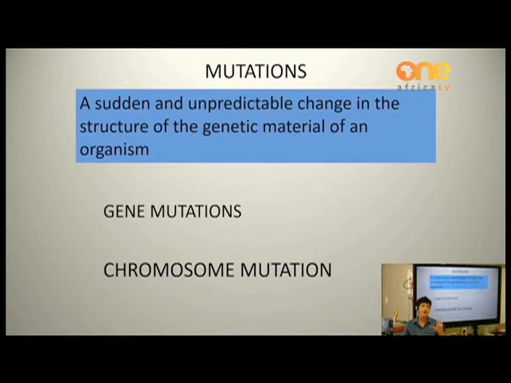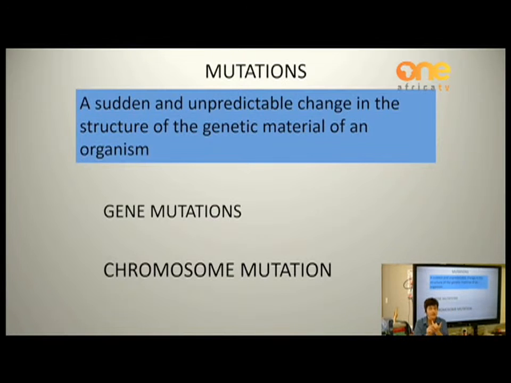Now, you remember we had three ways how a gene can change. A gene can change if one of the bases is deleted, or one can just be changed. It was a guanine, now it's a cytosine.